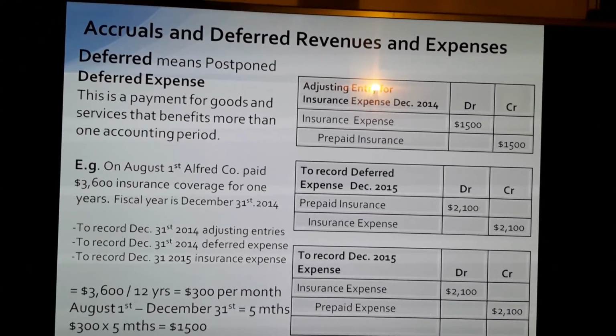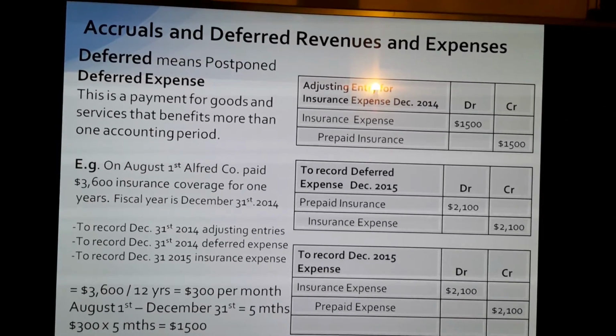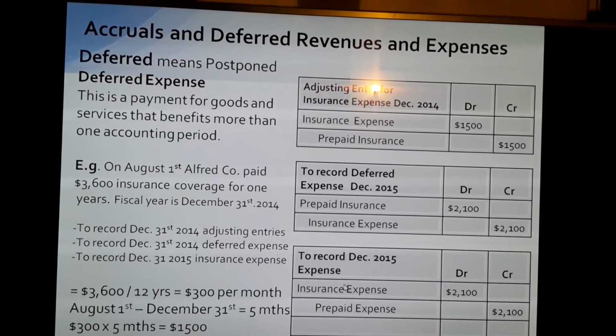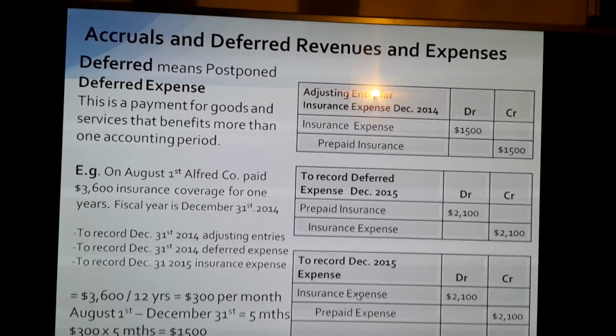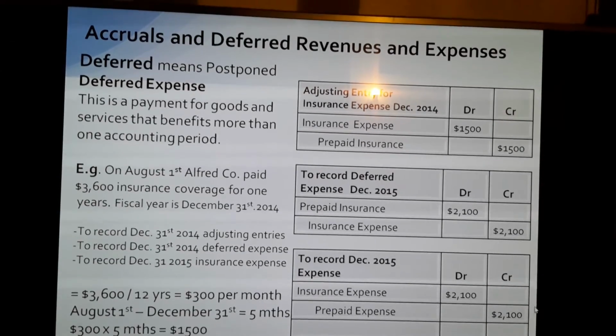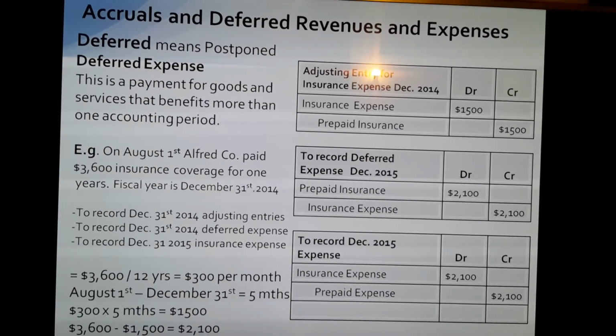Okay, and to record December 31st expenses, 2015. So insurance expense is going to be 2,100 and prepaid insurance 2,100. Okay, and your entries are done for the year.